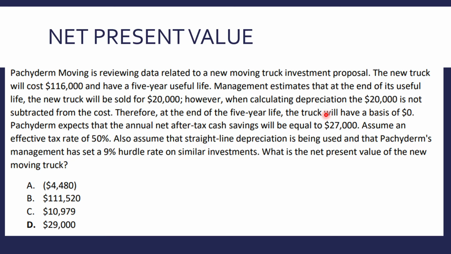Therefore, at the end of the 5-year life, the truck will have a basis of $0. Pachyderm expects the annual net after-tax cash savings will be equal to $27,000. Assume an effective tax rate of 50%. Also assume straight line depreciation is being used and that Pachyderm's management has set a 9% hurdle rate on similar investments. What is the net present value of the new moving truck?